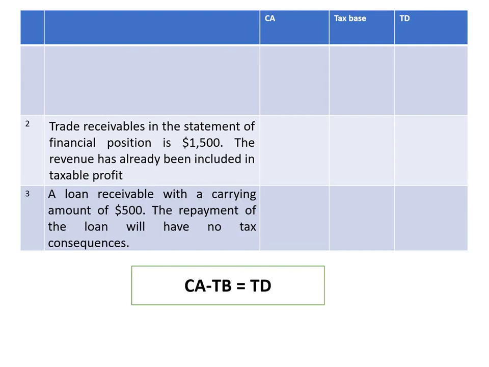Now, trade receivables in the statement of financial position is 1,500. The revenue has already been included in taxable profit. So this is not like the interest that we are saying is going to be taxed on a cash basis later. In this particular case, what's our carrying amount?